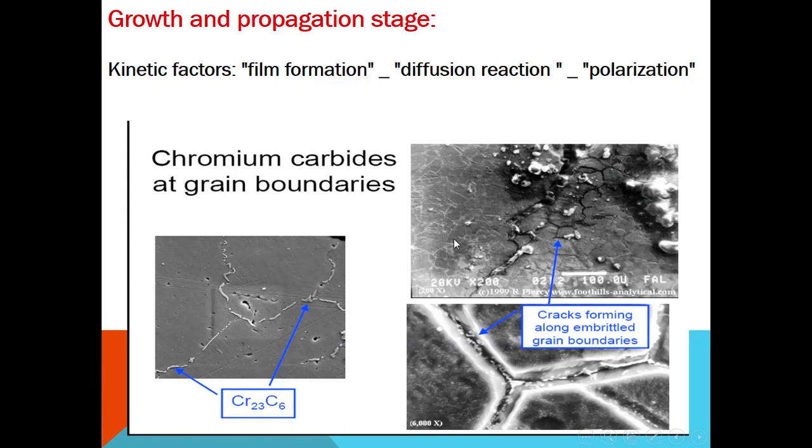In the case of chromium carbide at grain boundaries, non-uniform metallurgical features and non-uniform chemical composition provide a situation of high intensity of chemical reactivity.